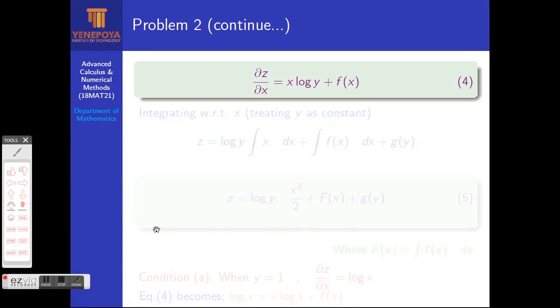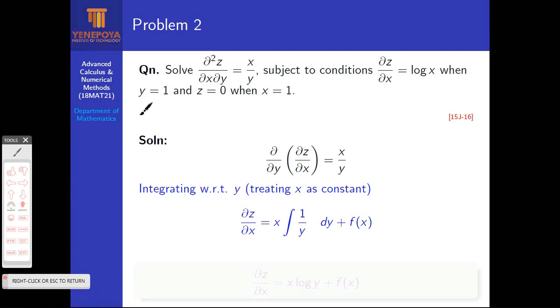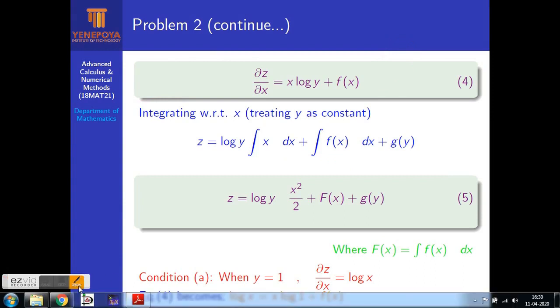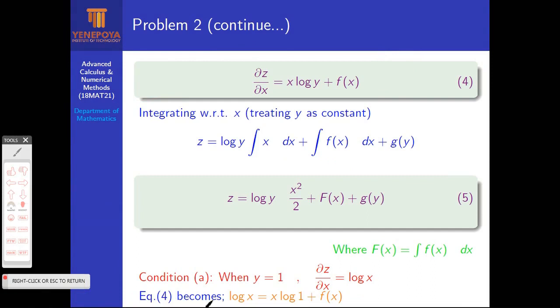Now apply the first condition, that is when y is equal to 1, the value of ∂z/∂x is equal to log x. Substitute in equation number 4. So equation number 4 becomes log x as ∂z/∂x is equal to x as it is, log of 1, plus f of x.